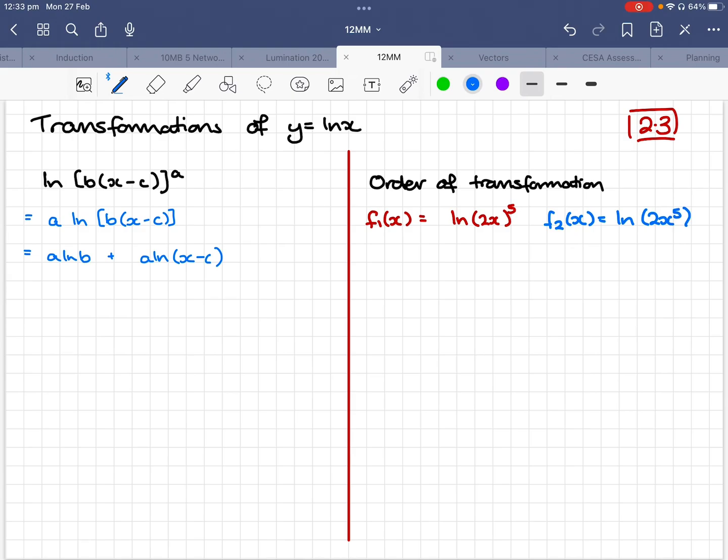What this means is that we could have a number of different things going on, and it can get quite complicated. The first thing that we're going to see here is a horizontal translation, C units right. Then we have a vertical translation, ln B units up.